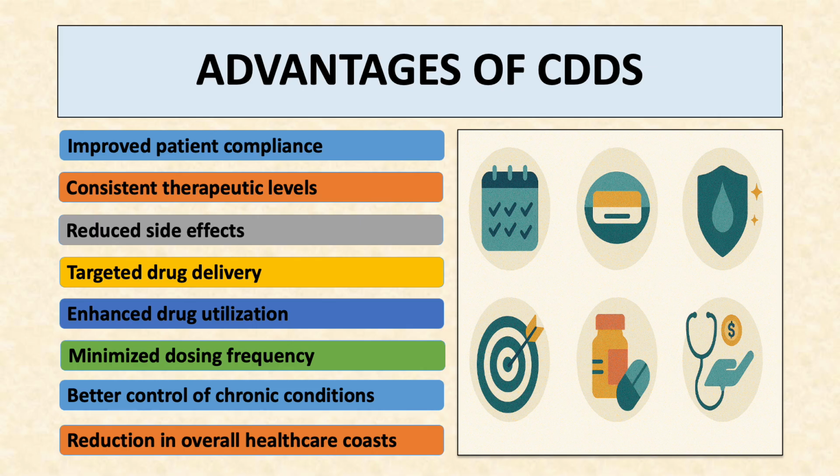Next, reduction in overall healthcare costs. Fewer hospital visits, reduced emergency, and less need for high doses. In the long run, the system becomes cost effective despite higher initial formulation costs.